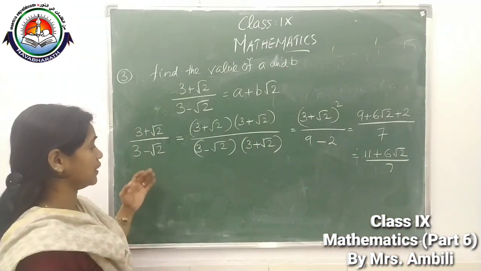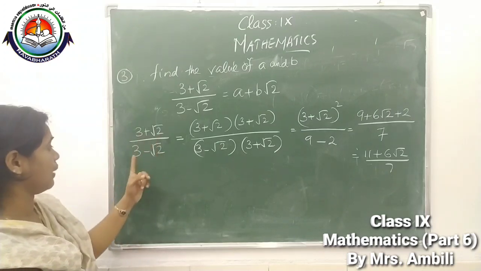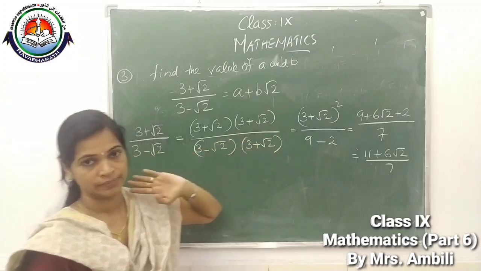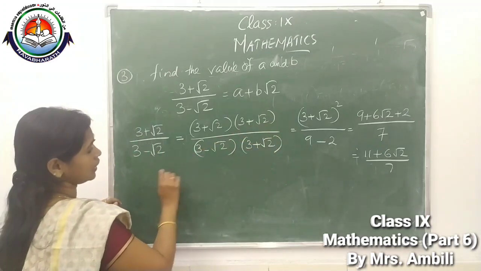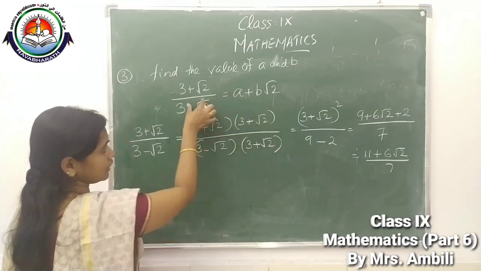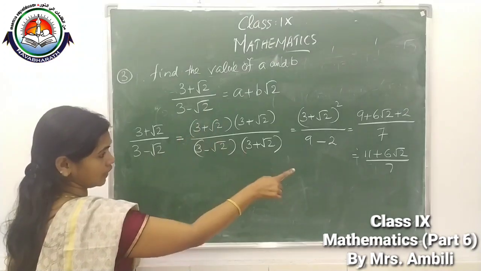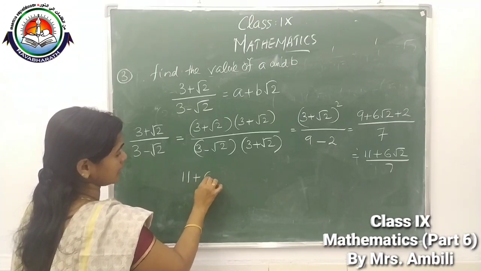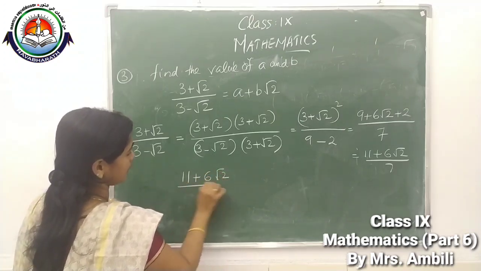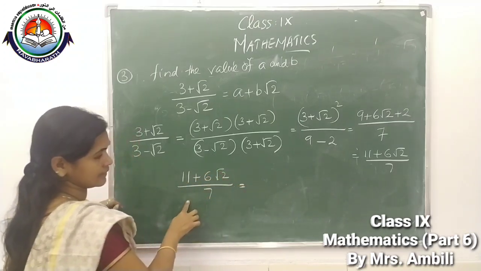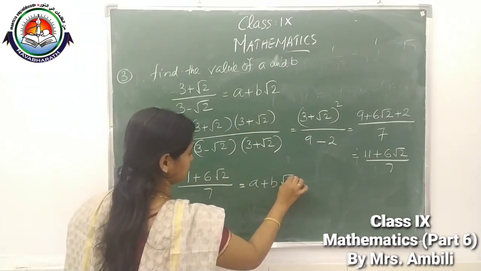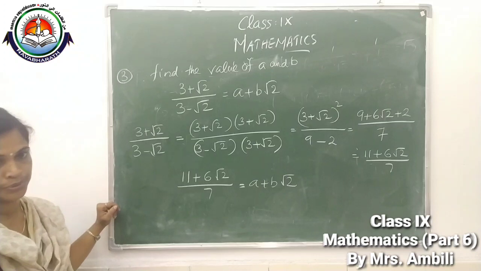Clear? So after rationalizing (3 + √2)/(3 − √2), we got (11 + 6√2)/7. Now we substitute that value here: this is our LHS, equal to a + b√2.